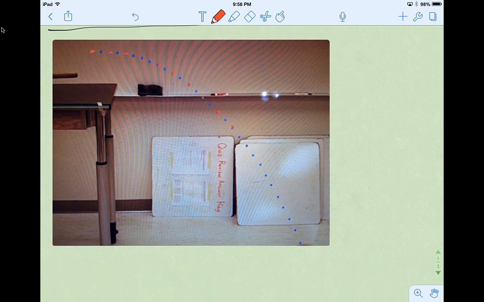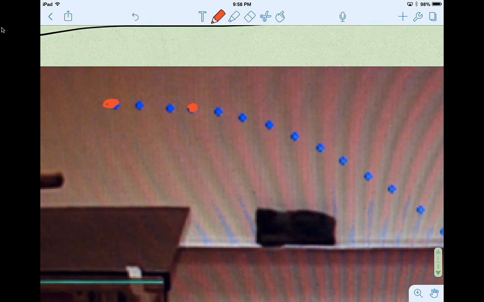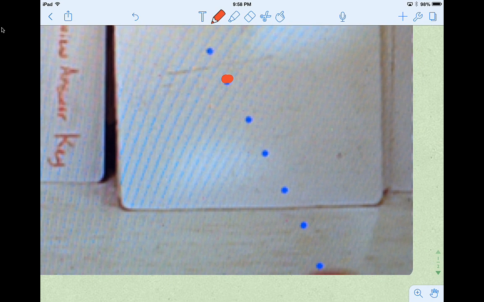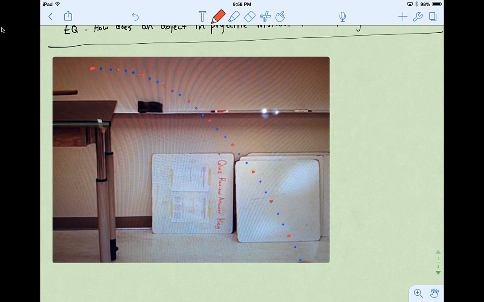Okay, let's go every 3 dots. And hopefully what we'll see is we can actually make 2 different motion diagrams based on how the ball falls. So you guys only need about 10. If you have 10 dots, you'll be good here, okay?